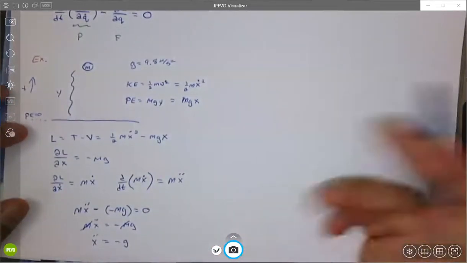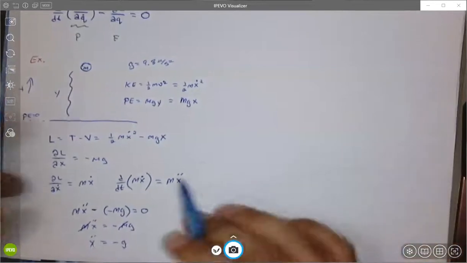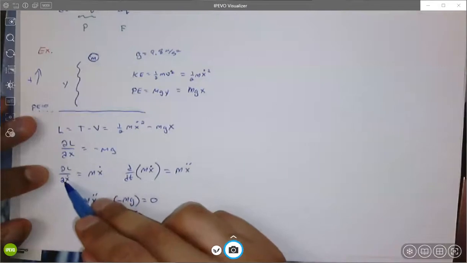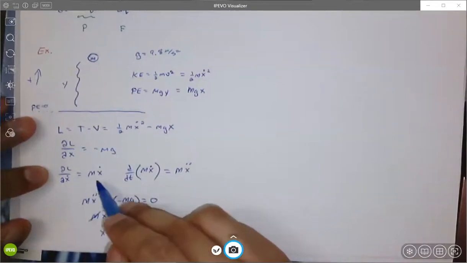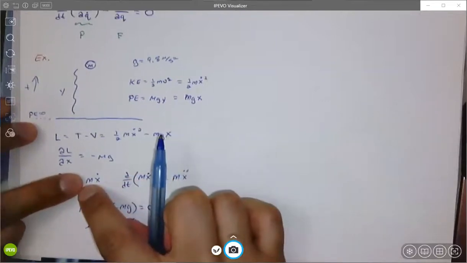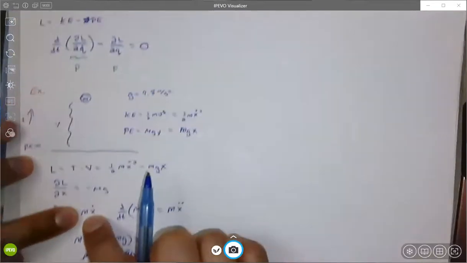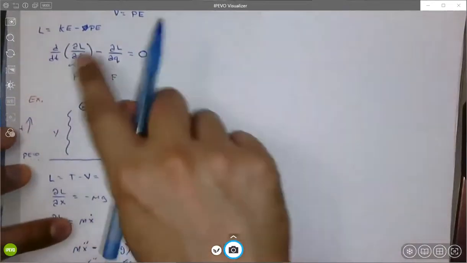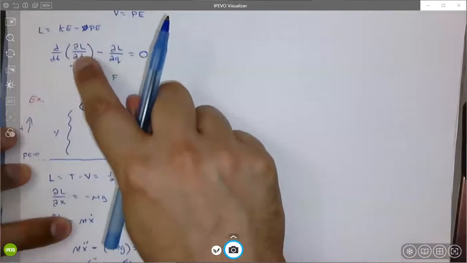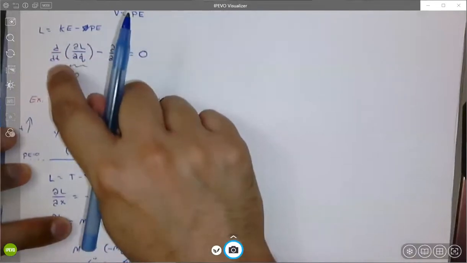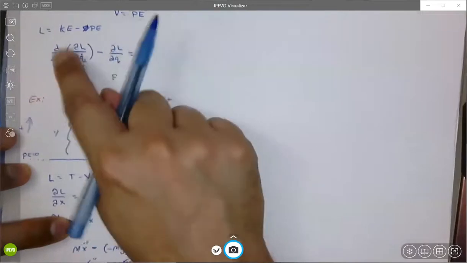Why does the Lagrangian work? If we go back to our example right here, we have dL over dx dot, that's what this is equal to. Well, this is just mass times velocity, which is the momentum. And if you take the derivative of momentum with respect to time, you get a force.